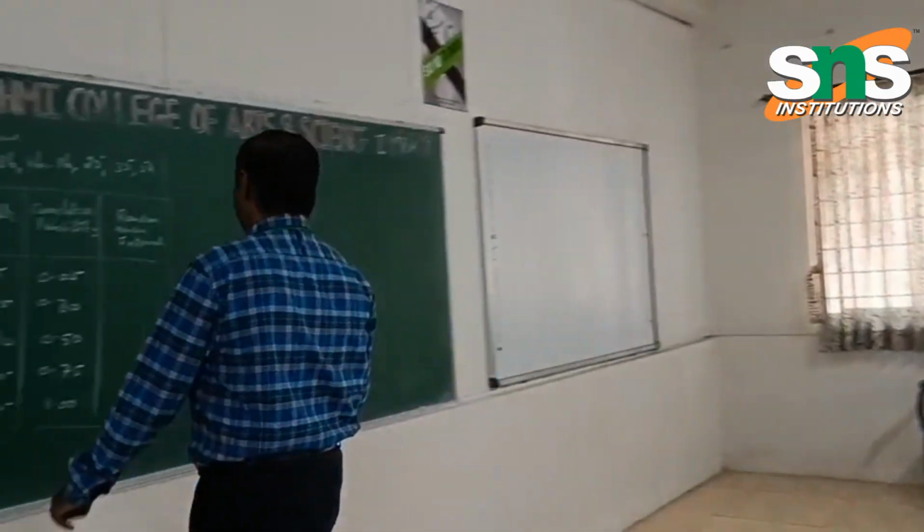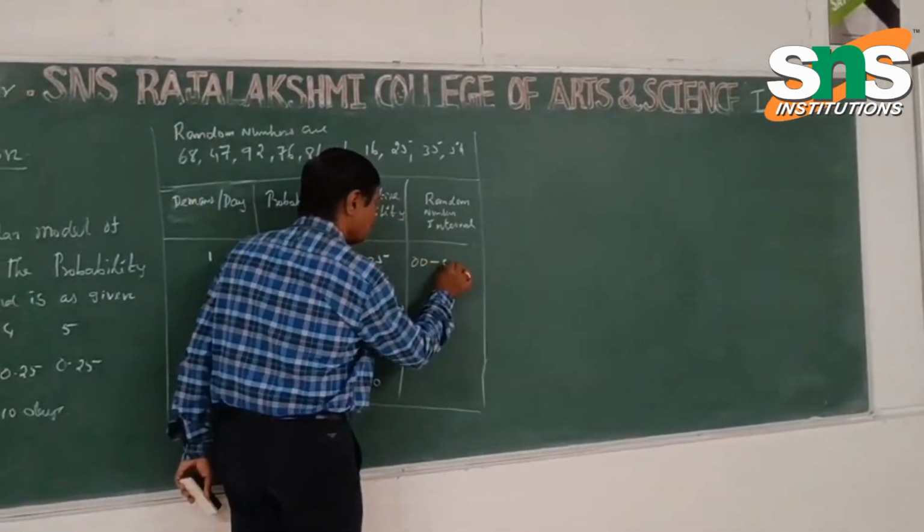Using this cumulative probability, we calculate the random number intervals. How do we write the random interval? We start from 00 to 04.